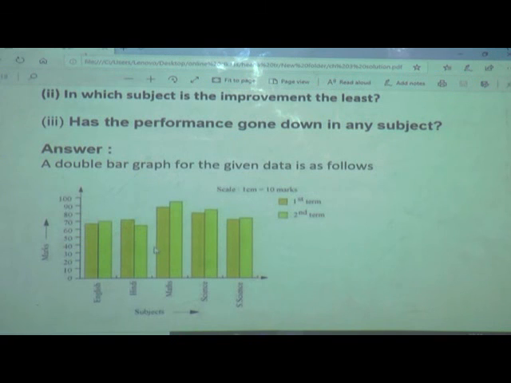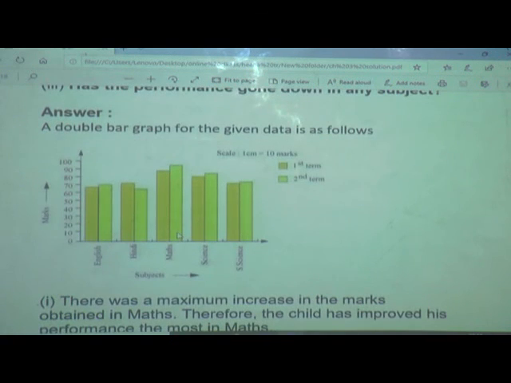So we will see how to draw a double bar graph, for which again we go to a graph paper. Listen to each and every trick I am giving on how to draw a double bar graph. First we have to plot the x-axis, which is horizontal, and the y-axis, which is vertical.